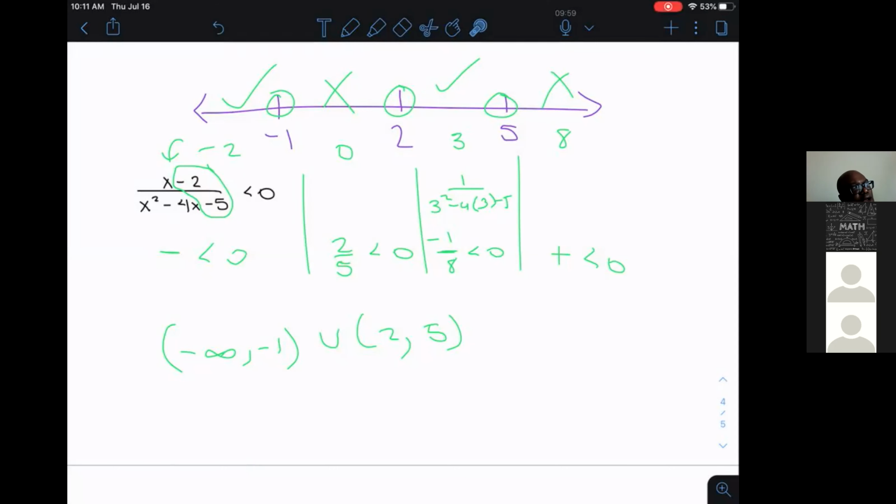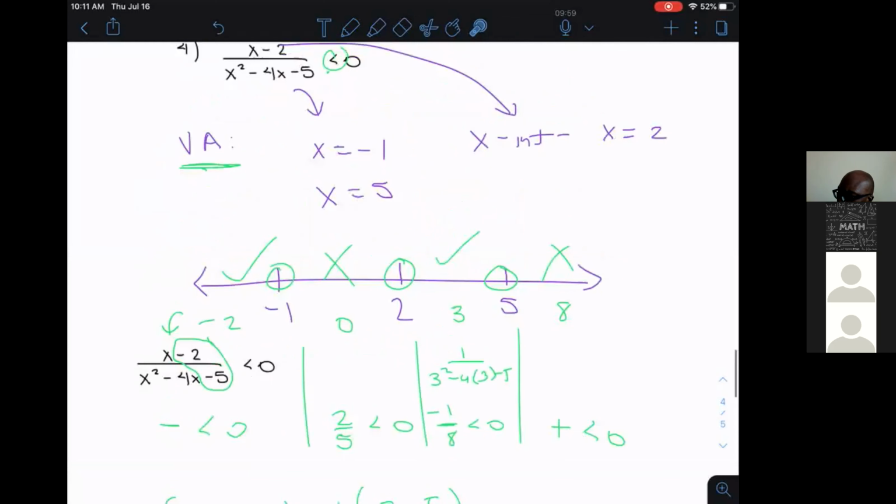Because our denominator is greater than the numerator, because we have an x squared, which is greater than x, we use the denominator to factor out to get our vertical asymptote.